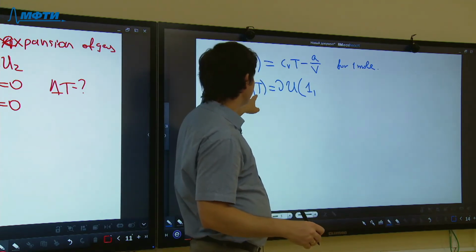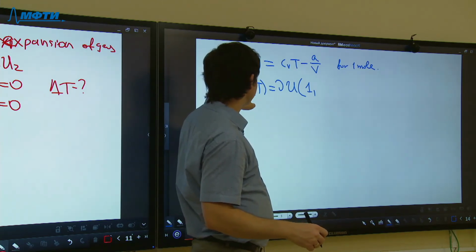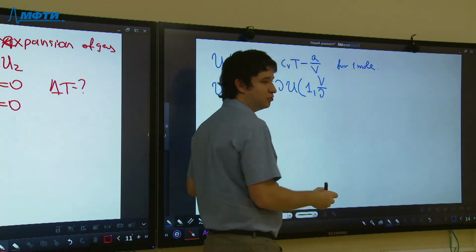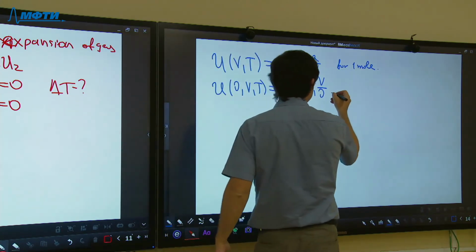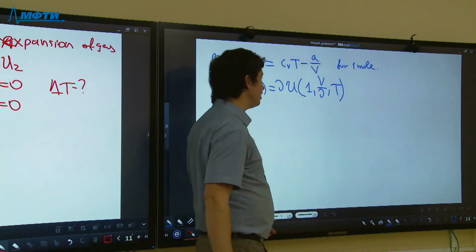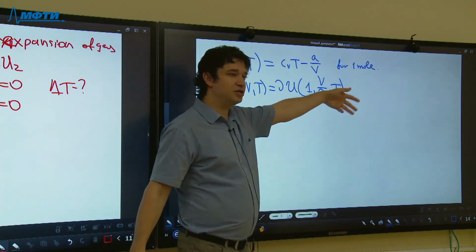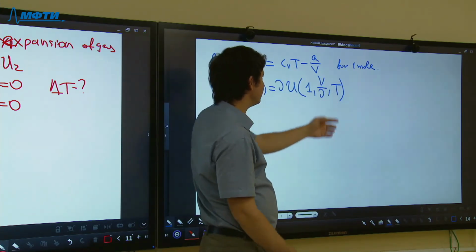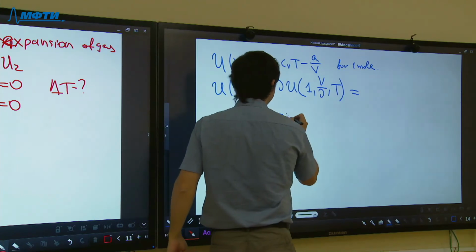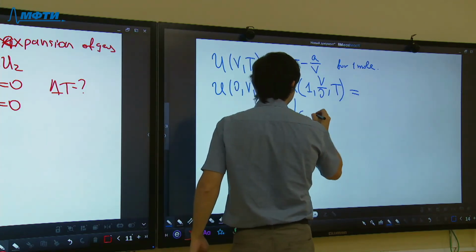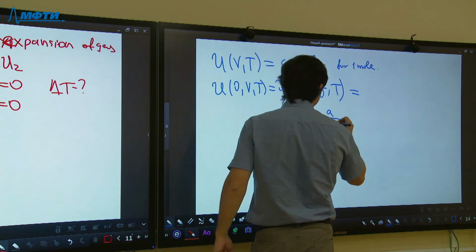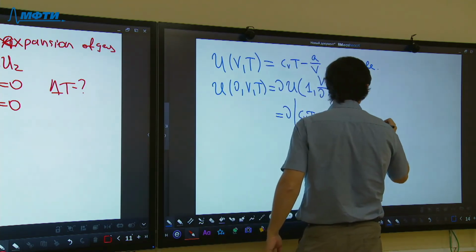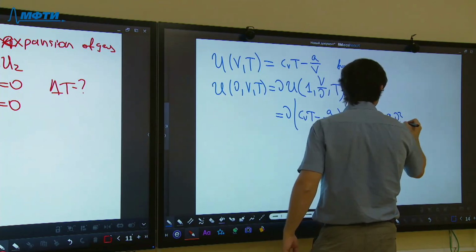So if I go from nu moles to 1 mole, that means that my volume should be decreased by a factor of nu, as all the extensive variables. But T is intensive variable, so there is no change of T. So I need to insert all of this into this equation and get the final answer. That would give me nu times CVT minus A over V over nu. Okay, so this is nu CVT minus A nu squared over V.